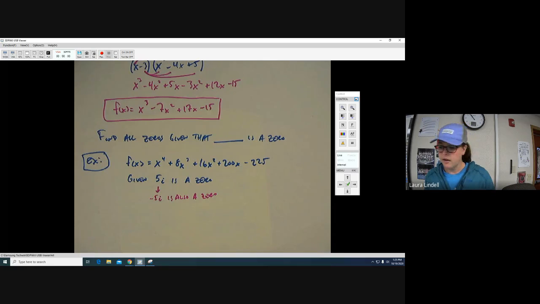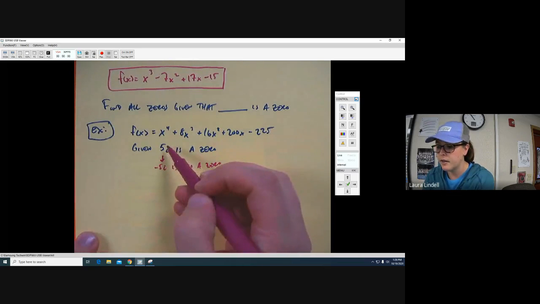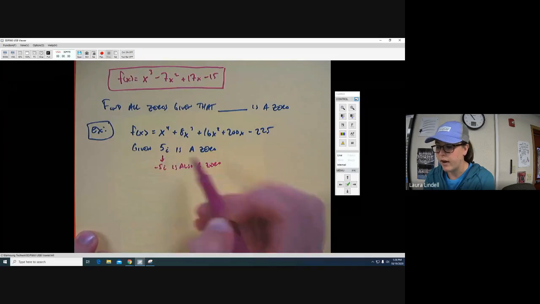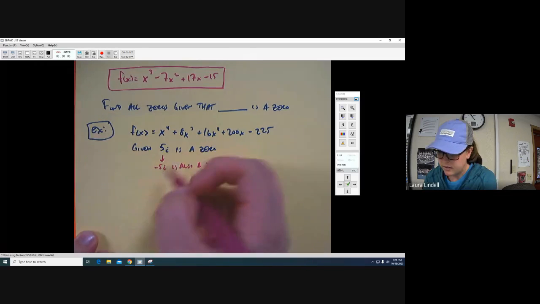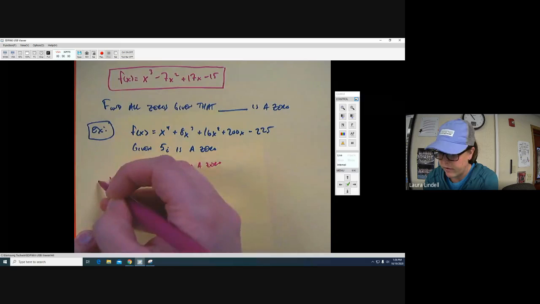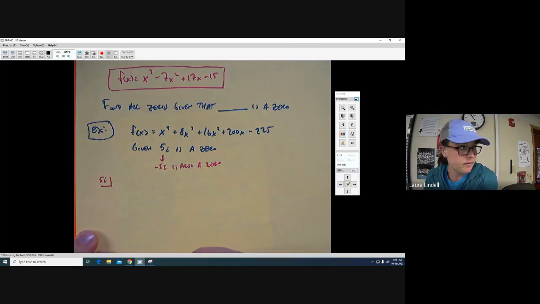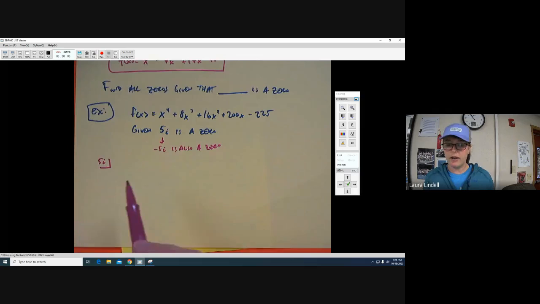So I'm going to divide out 5i and negative 5i from my polynomial. I'm going to put positive 5i in the box. Doesn't matter which one you start with, positive or negative 5i, doesn't matter which one goes in the box first.